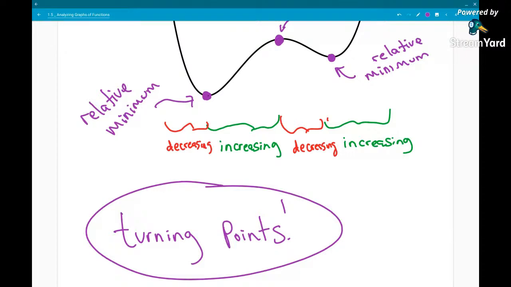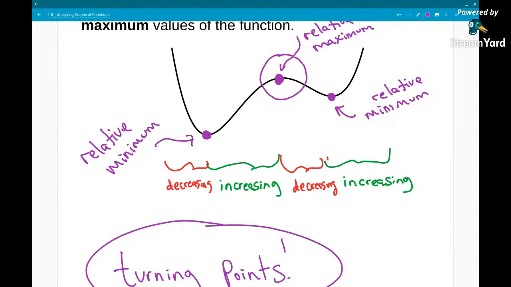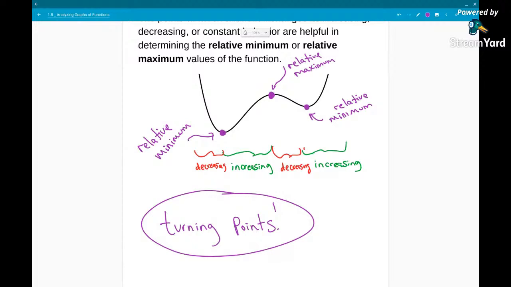If you turn from decreasing to increasing, like that valley, then you are a relative minimum. But if you go from increasing to decreasing, if you have a peak for a moment, like the top of a mountain, just in that little vicinity, then you are a relative maximum. All right. And that's that.